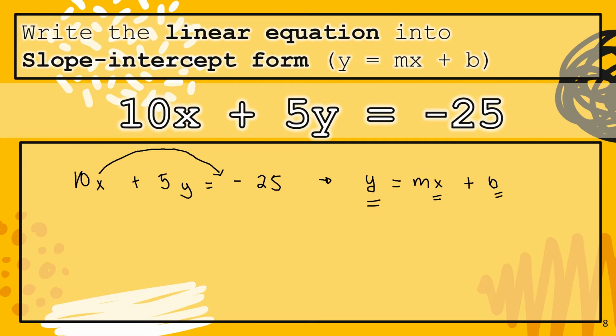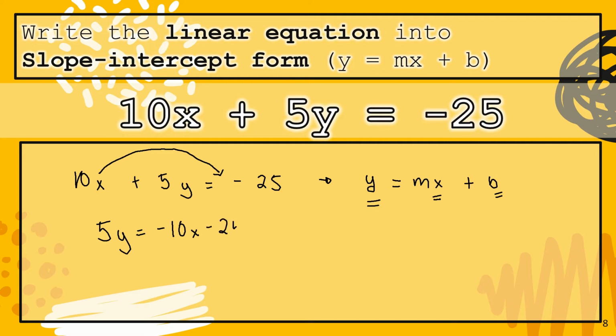And if you were asked to move a term to the other side of its equation, don't forget to change the sign. So let's rewrite it as a new equation. We're going to have 5y = -10x - 25, since positive 10x becomes negative 10x, followed by the remaining term, negative 25.